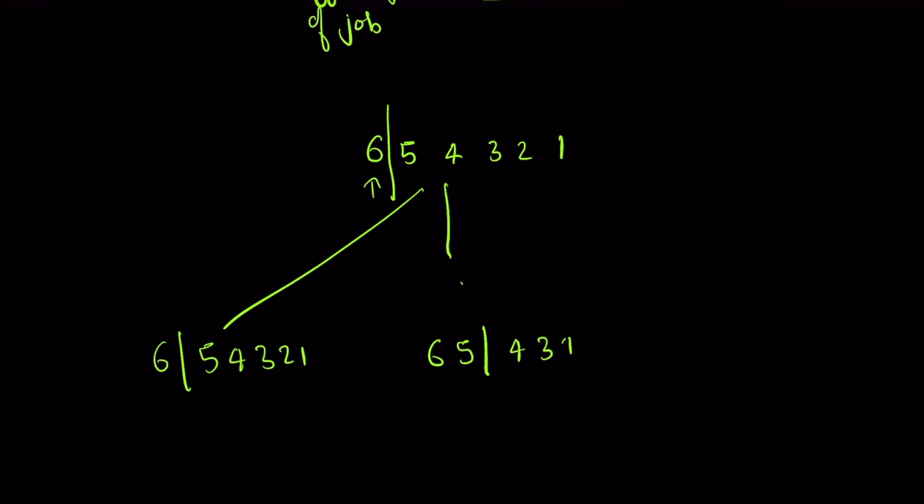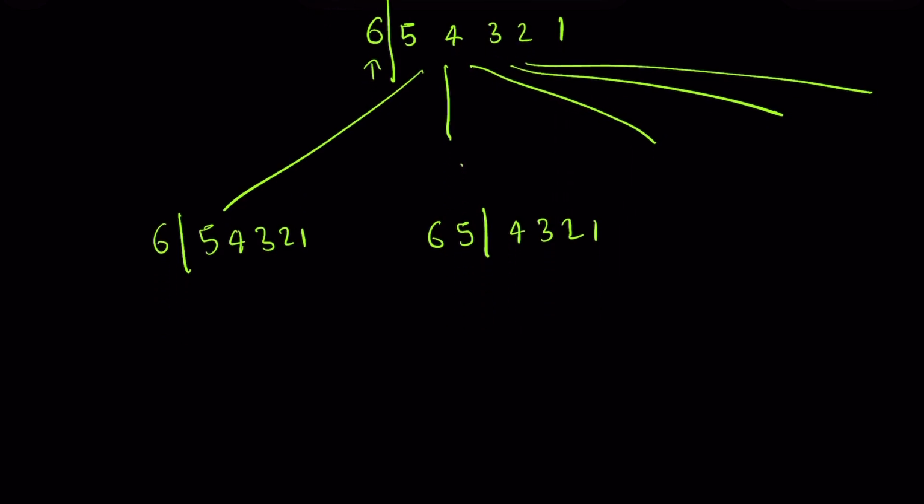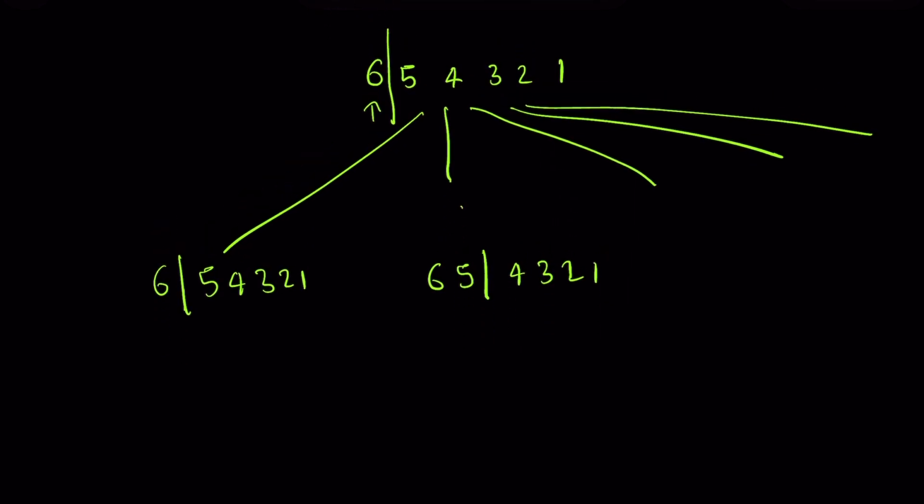4, 3, 2, 1, and similarly, you can try all partitions, and for each one partition you are doing that, you have created day 1 here, and now you will get a new sub problem in which you have number of days reduced by 1, and now you have to find the difficulty for this subarray.